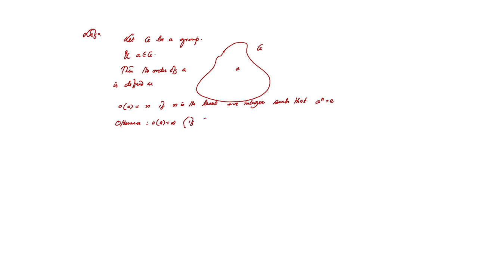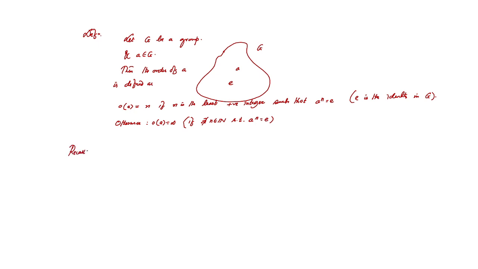That is, when there does not exist any n belonging to the natural numbers such that a to the power n equals identity. What is E? E is basically the identity element in the group. So now we have an important recall here.